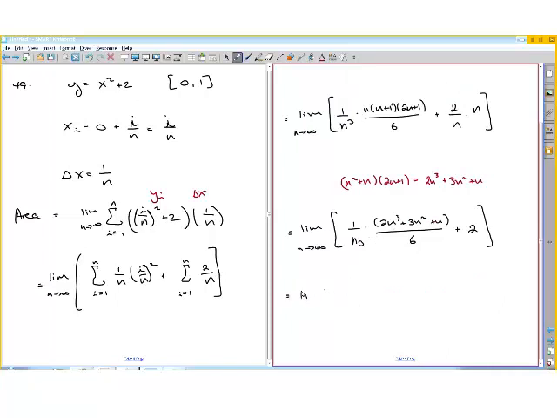Now, if we divide each term by n cubed, for the first grouping we'll get 2/6 n cubed over n cubed plus 3/6 n squared over n cubed plus 1/6 n over n cubed plus 2.